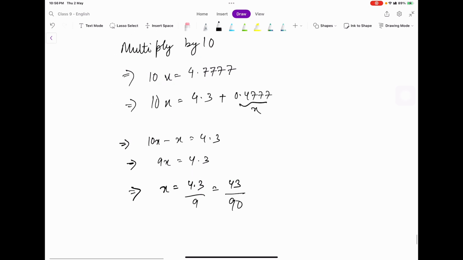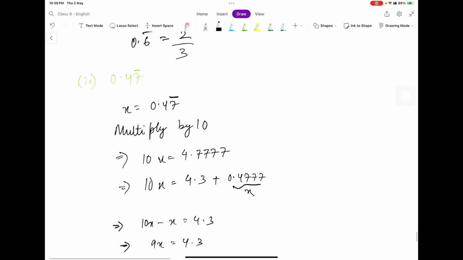Understood? See, so many mistakes were there. Again I am telling you, 4 was not repeating, only 7 was repeating. Since only a single digit is repeating, we multiply by 10 and get 4.7777. To get the difference, we subtract 4.7 minus 0.47.